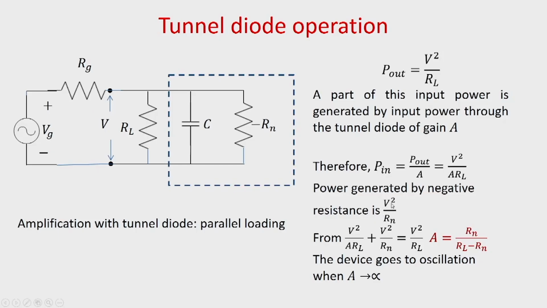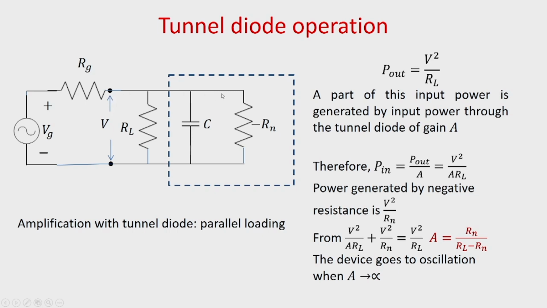A positive resistance, it absorbs or dissipates power, whereas a negative resistance device, it will supply or generate power. So, that is given by V square by R n, because it is a parallel connection.